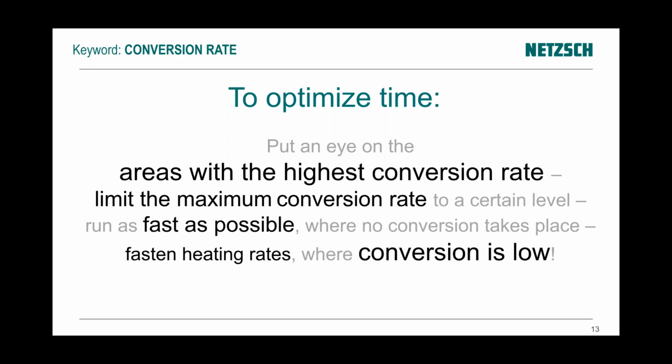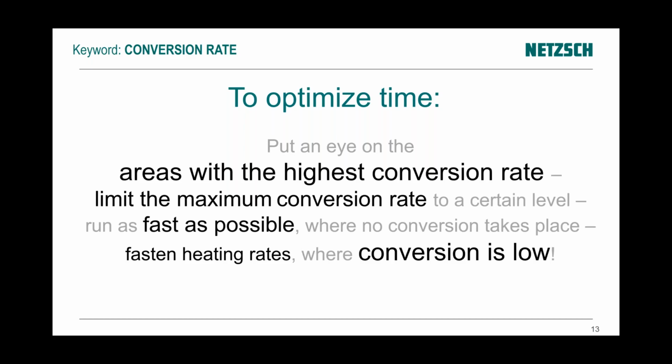Limit the maximum conversion rate to a certain level. Run as fast as possible where no conversion in your material takes place, and speed up heating rates where conversion is low. This is the main sentence you need to keep in mind when we talk about sintering processes.